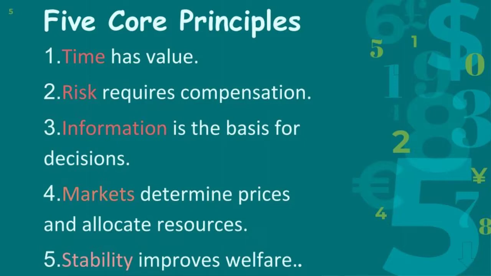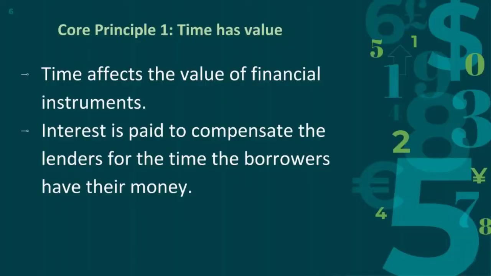If you take a risk, you would only do that if you get compensated through a higher expected return on your investment. The third one is that information is the basis for decisions. Principle number 4 is that markets determine prices and allocate resources. And then principle number 5 is that stability improves welfare. Okay, so without further ado, let's just jump into it.